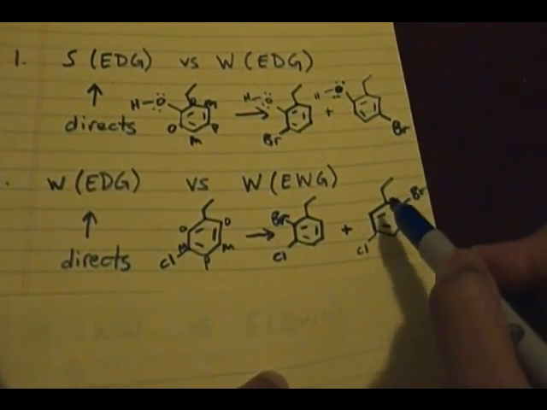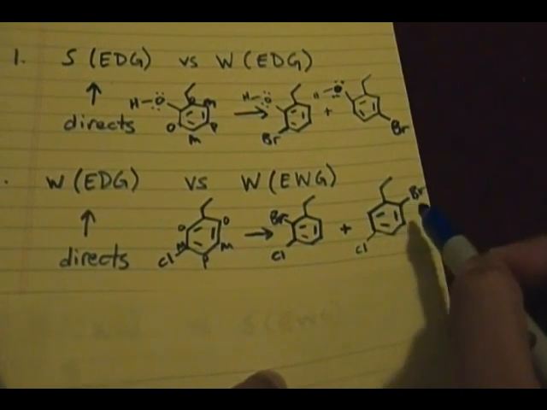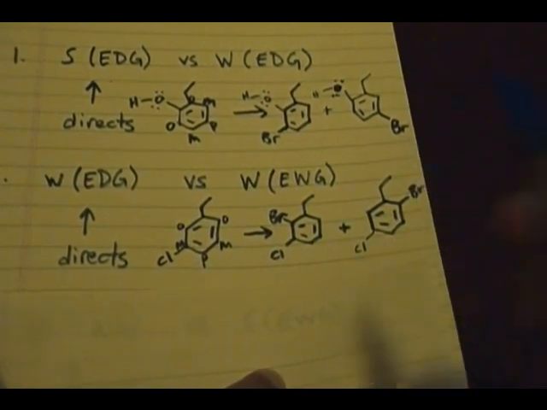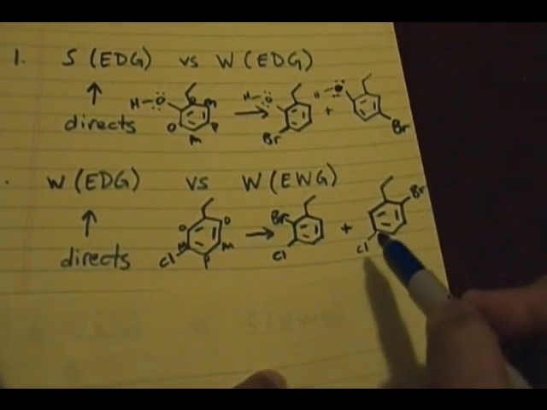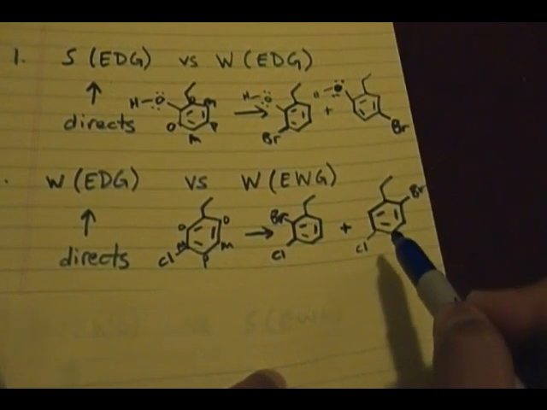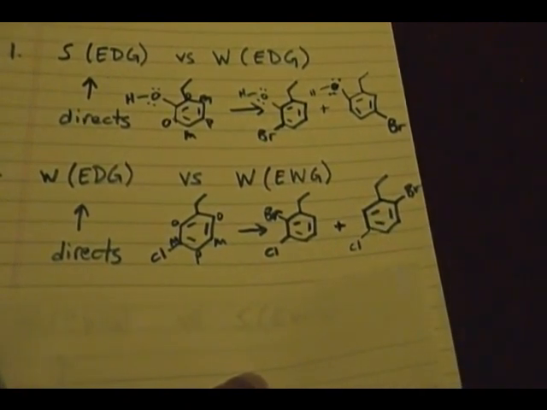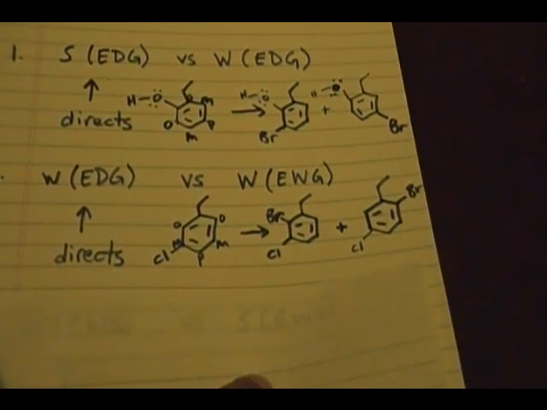Now the bromine is not in between those two groups, so it's a new, different position. You cannot rotate the molecule in any way to form this. You just can't possibly do that. So this is a separate new product. You need to have a little bit of an idea of three-dimensional stuff.